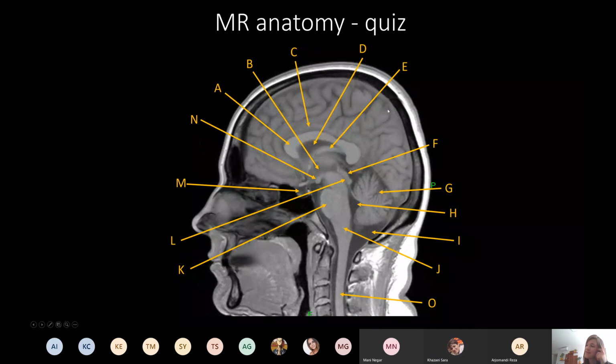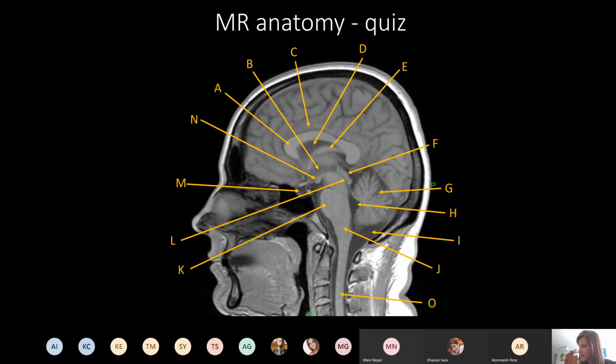B. Third ventricle. Yes. C. Cingulate gyrus. D is the septum pellucidum.